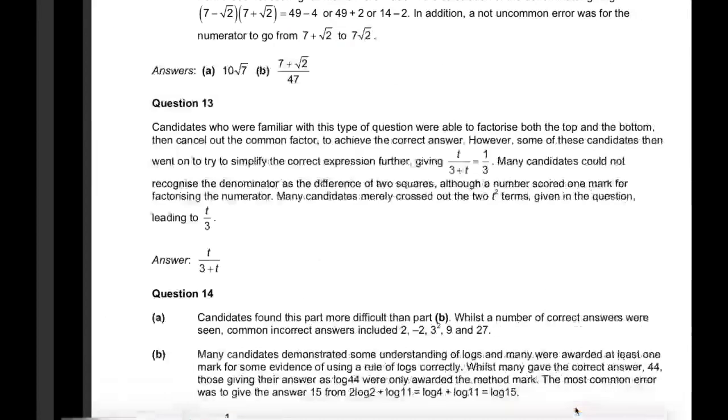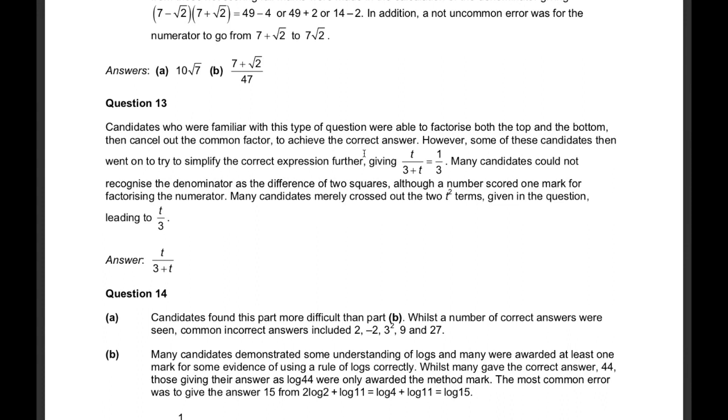Okay, let's have a look. So question 13. People that are familiar with the question were able to factorise top and bottom and then cancel. But some try to go a bit further. That's interesting. So some people try to do what's called bad cancellation and remove the t's at this point. Okay, so to get the 3 marks, you need to be confident that this is the answer and there's no common factor.